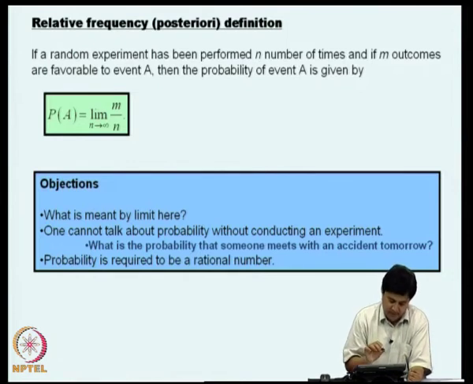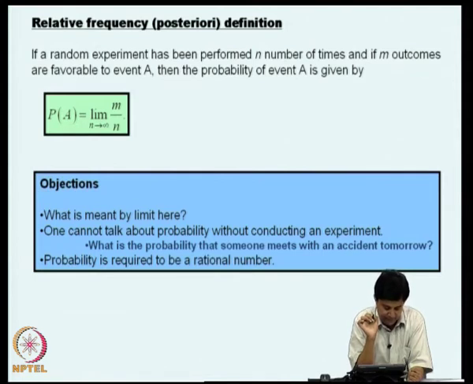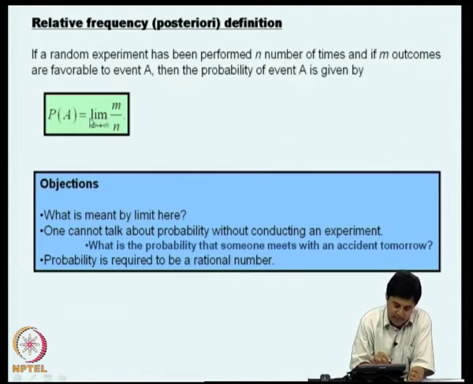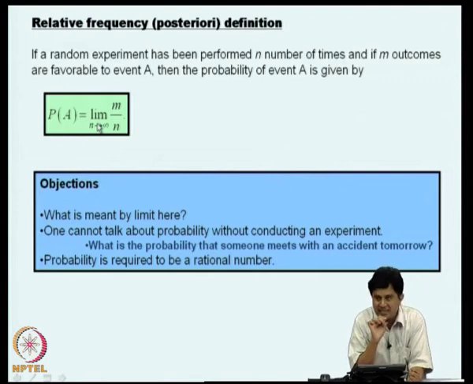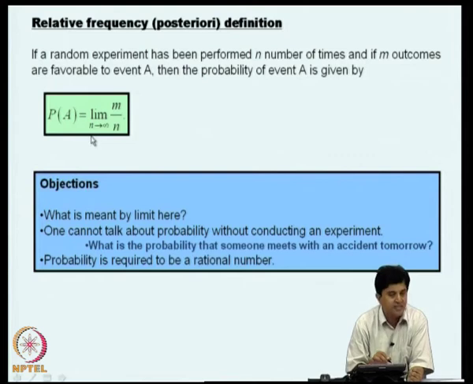Okay. Now, there are again a few objections that one can take to this definition. It is not clear what is meant by this limit here. It is not the limit that we talk about in calculus. It only says that n is sufficiently large, right. You cannot verify whether this limit in a classical sense exists, we will not be able to verify that.